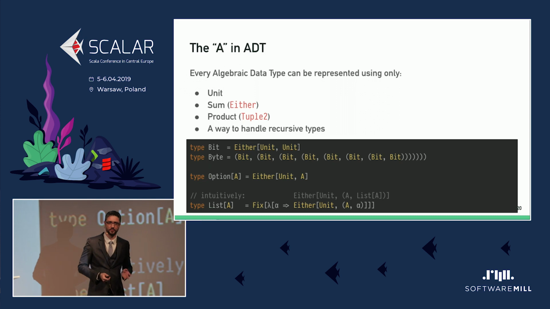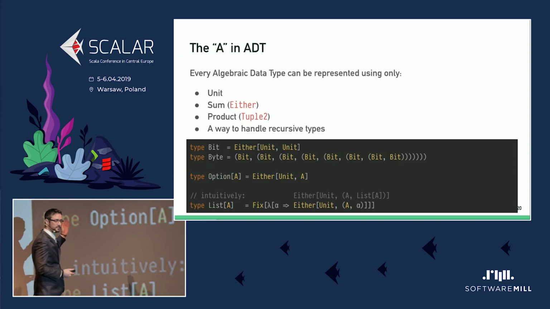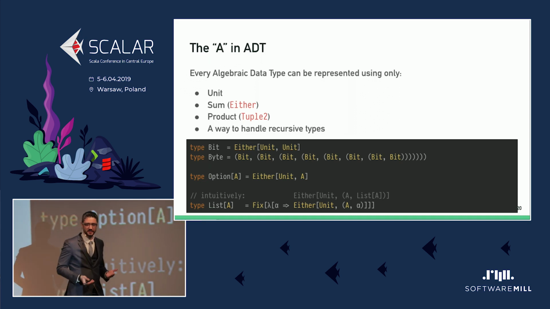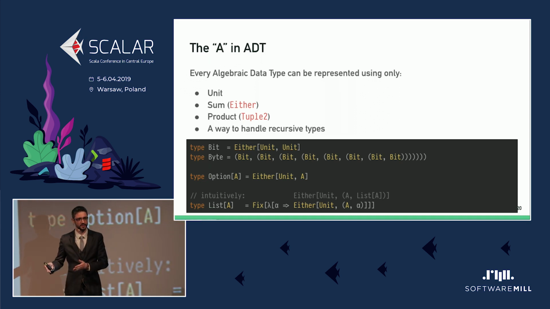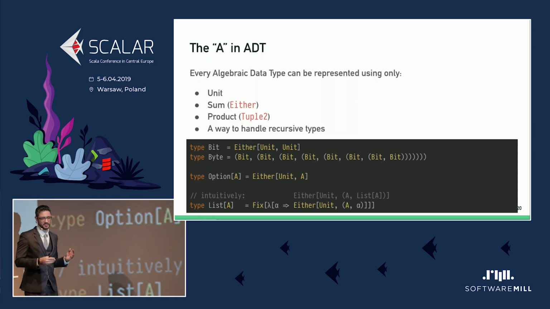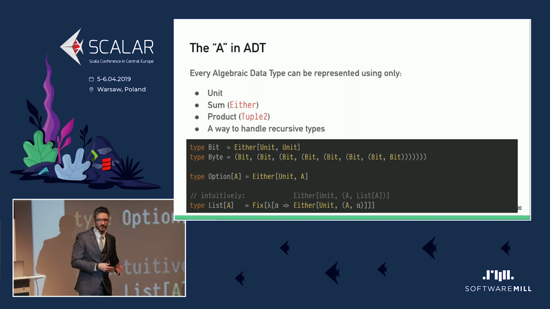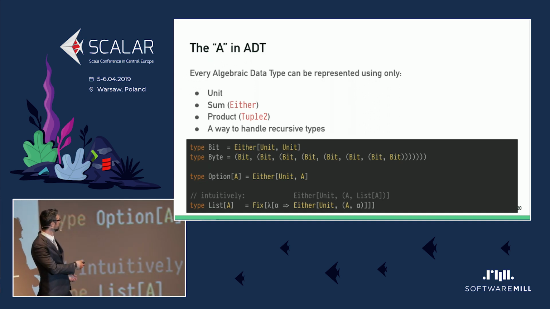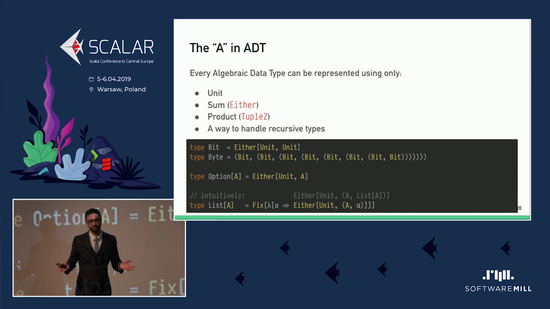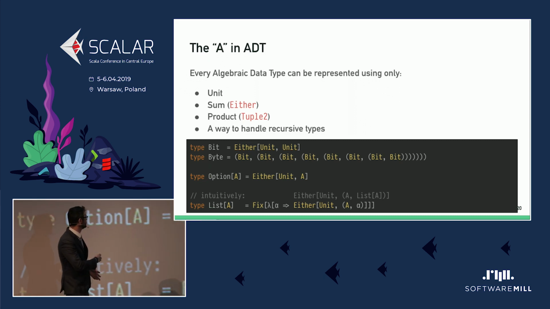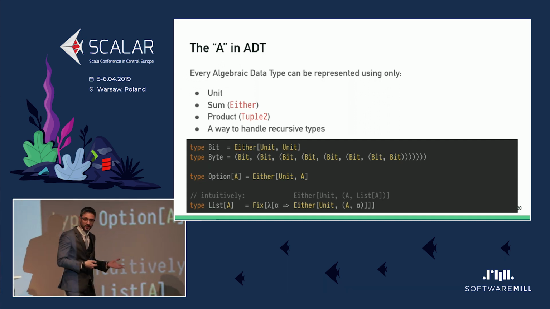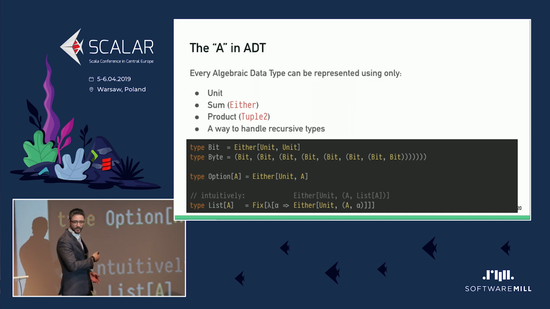So let's take very simple examples. The bit data type, which is only 0 or 1, can be represented as either unit. The byte, which is 8 bits, can be represented as this very strange product of 8 bits. We only have binary products, so we'll need to nest these things. But if you squint enough, it's the same thing, right?